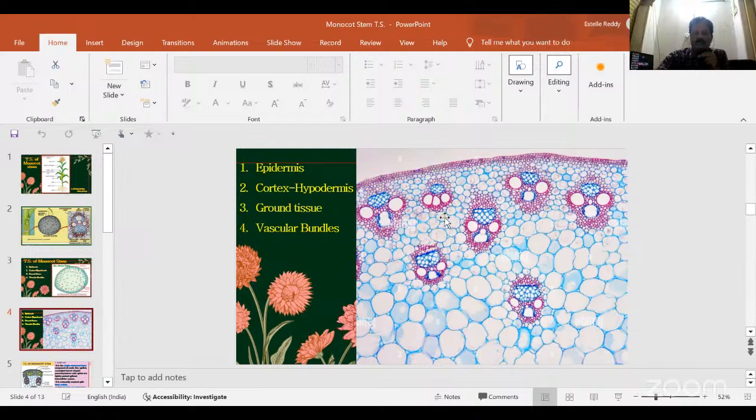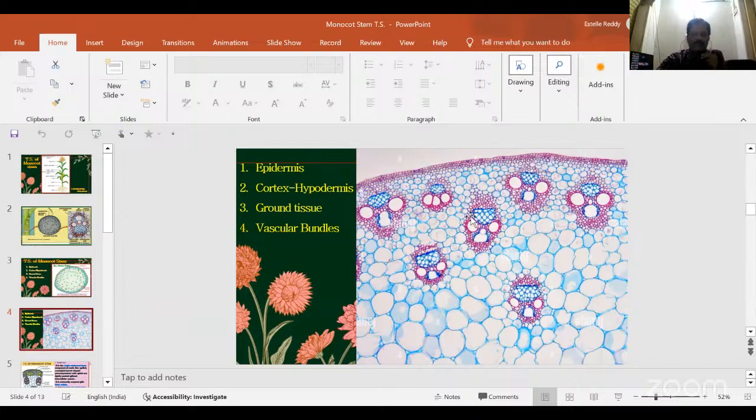The second part of the transverse section of monocot stem is the cortex. See, 2 to 3 or 4 layered cells are seen just below the epidermis. Here the cortex is reduced or poorly developed. It is restricted to hypodermis only.